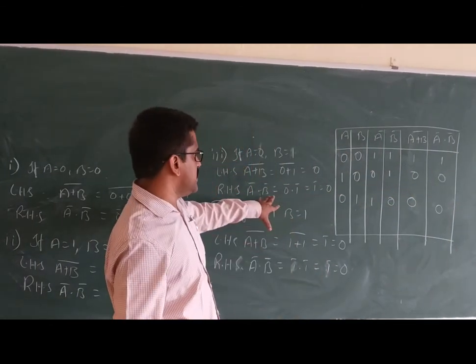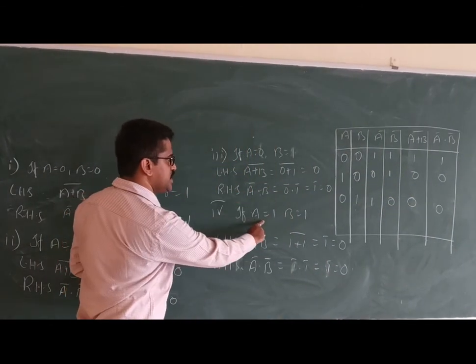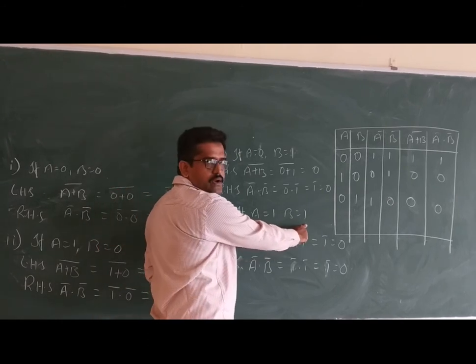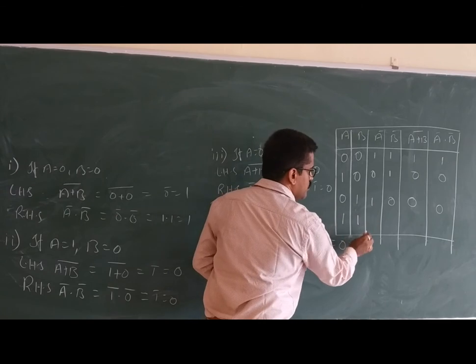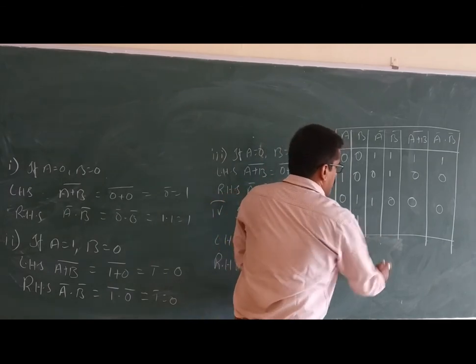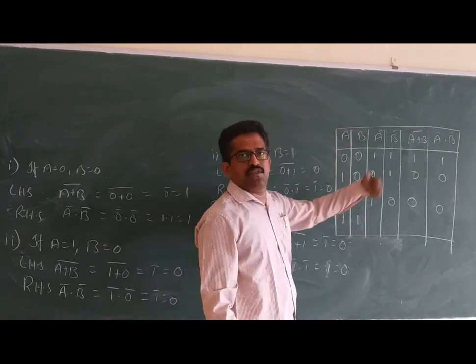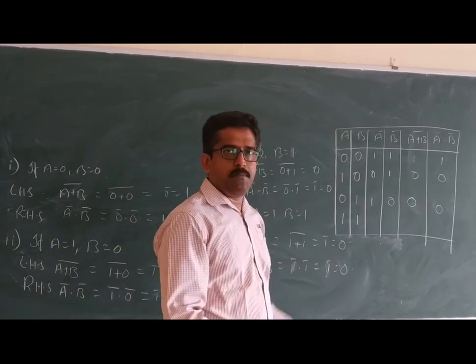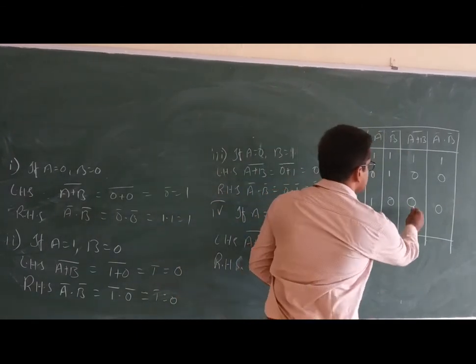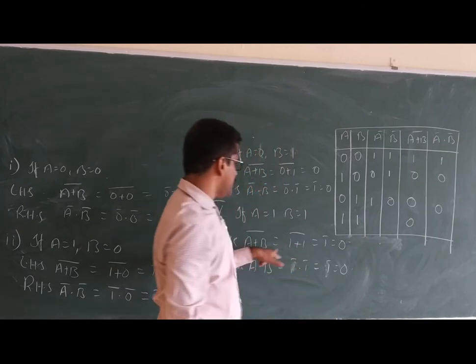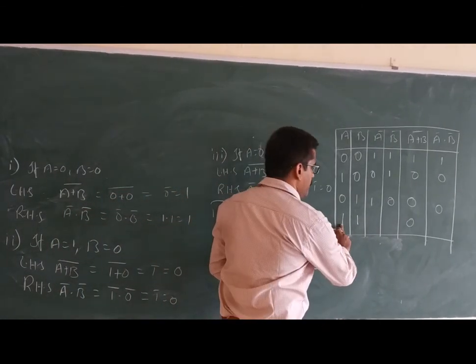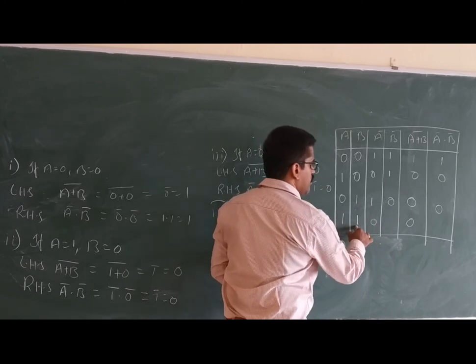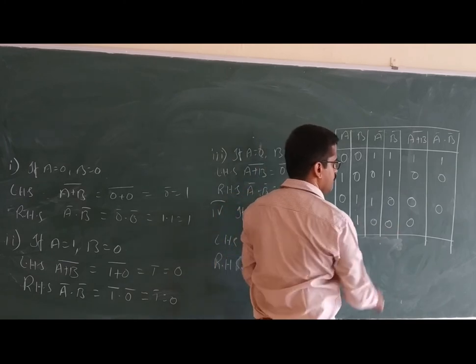And the final case, in the fourth case, we take A is equal to 1 and B is equal to 1. So A plus B again gives 1, and the complement of this is nothing but 0. That is the LHS. And finally, the complement of A is equal to 0 and the complement of B is equal to 0.